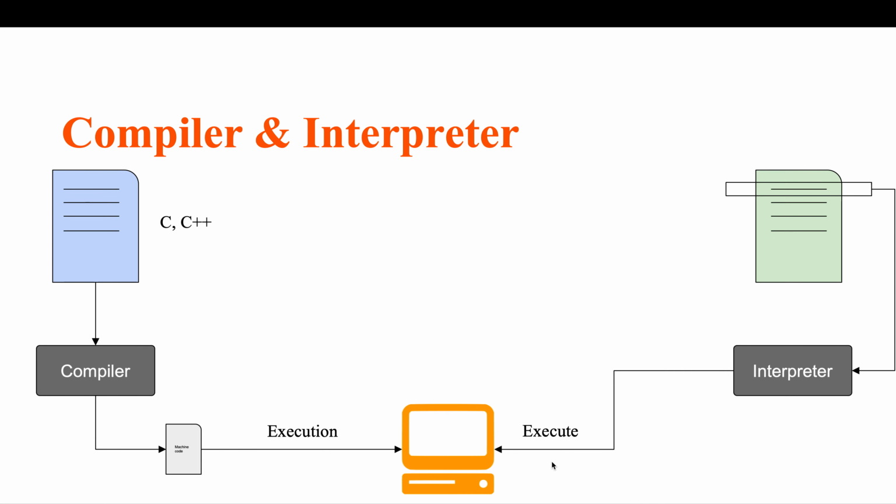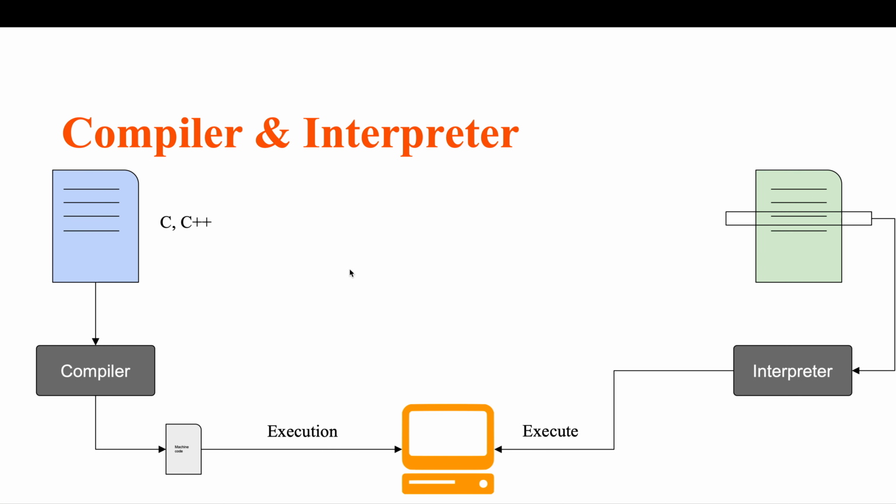Now how is this execution done? This instruction is converted into machine code, and that machine code is directly given to the machine for execution. As you can see, there is no saving in between. So the interpreter executes instruction by instruction. Once the first instruction is executed, the interpreter will take the second instruction, then third, and so on.